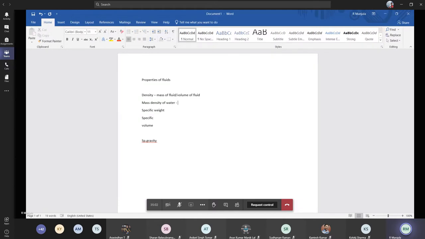What is the unit? 1 kg per meter cube. My God, this is 1 kg per meter.